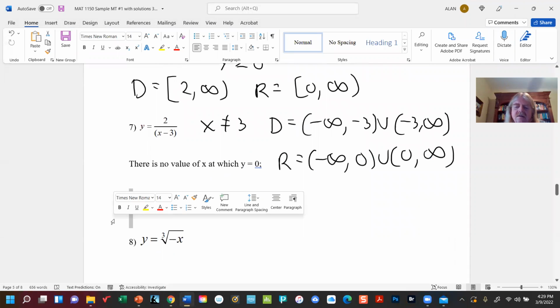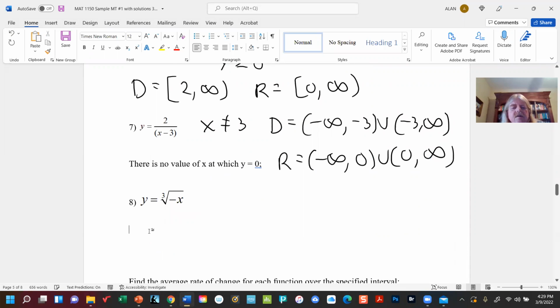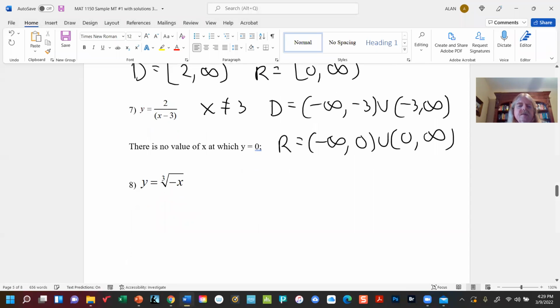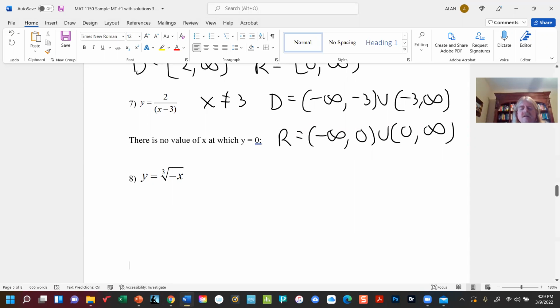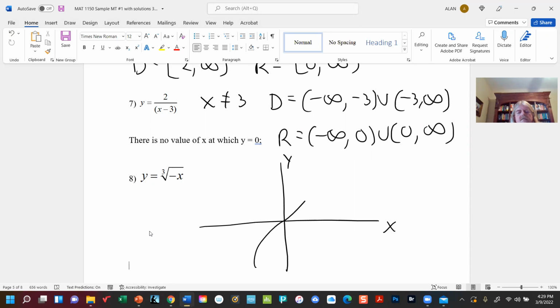Now look at this one. This is the cube root of -x. So this will be something like this, I think. It's either that or the reverse.